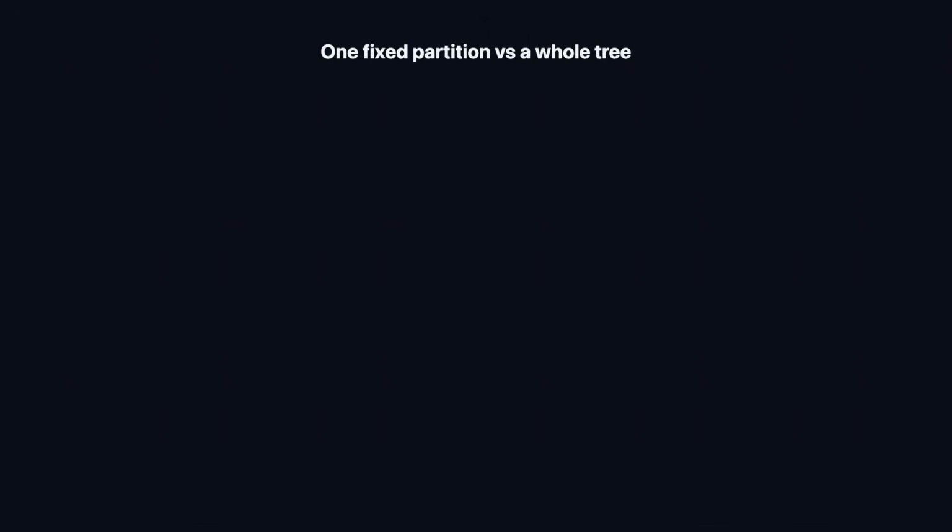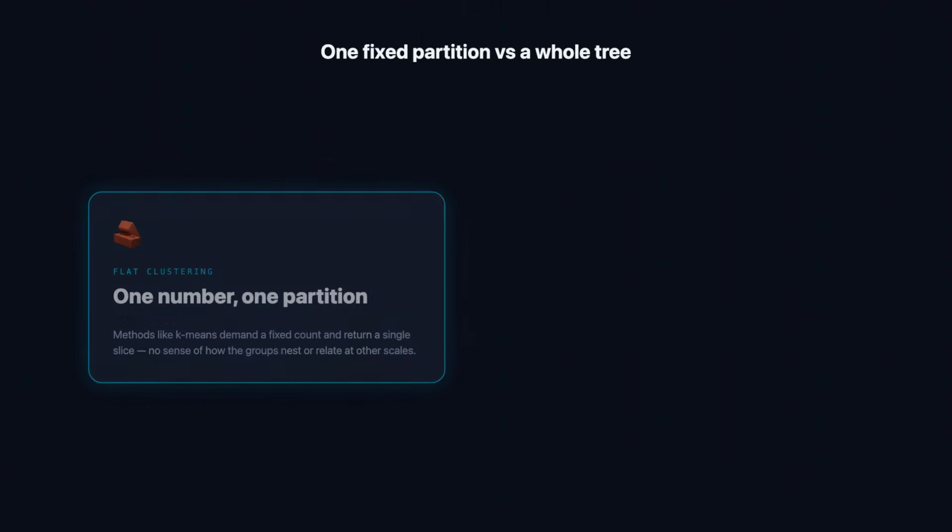So why reach for a whole tree instead of a single flat answer? Here's the contrast, side by side. Think about the usual flat approach, like k-means. You commit to one fixed number of clusters, and it hands back exactly that, a single partition, every point dropped into one group, with no sense of how those groups relate. Want a different granularity?